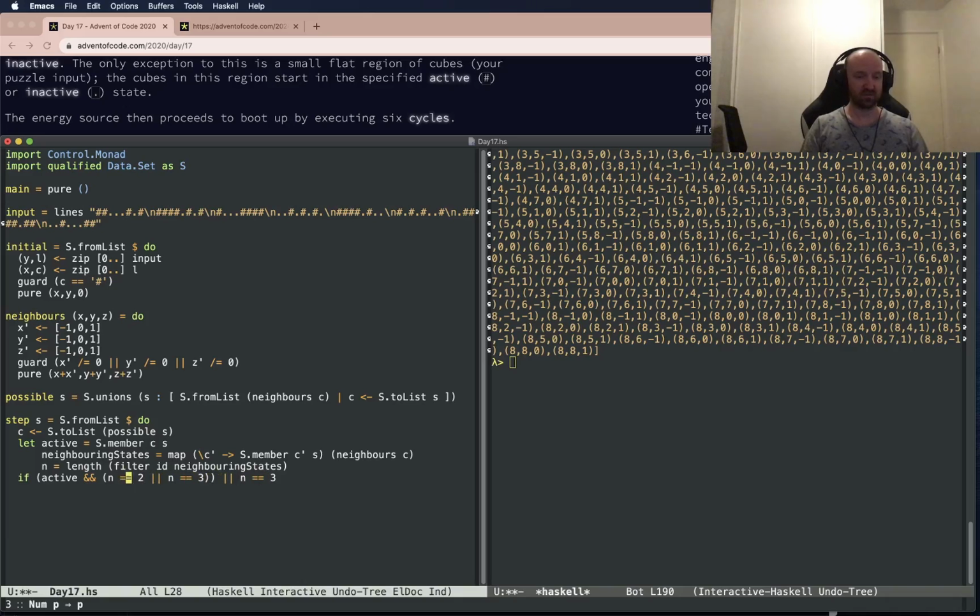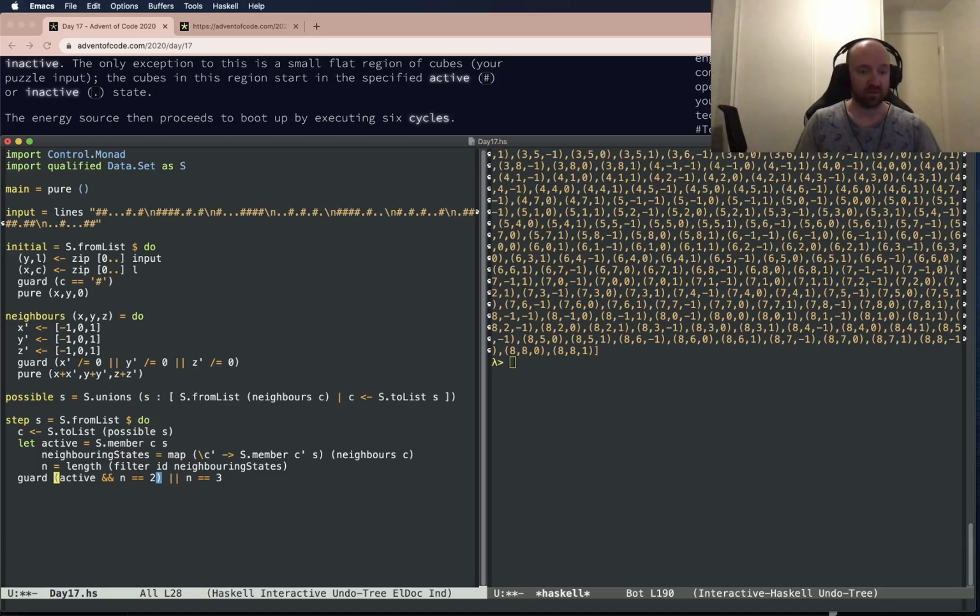So it's actually a nice, you can simplify this a bit. If it's active and N is 2, or just if N is 3 in general, that's the new state. So it's just guard. So the new set of active things is all of these that meet this condition that either it's currently active and N is 2, or N is simply 3. That's it, I think.